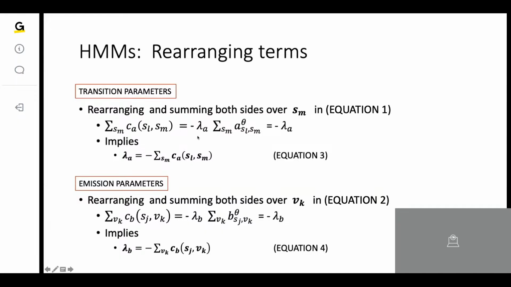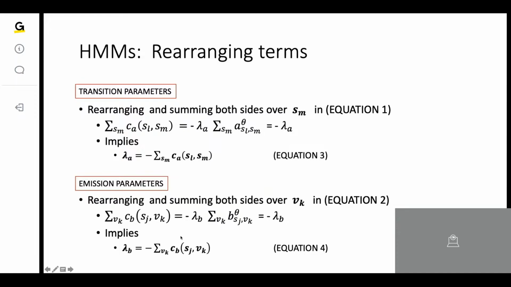Rearranging the terms by moving lambda to the right-hand side and then summing over all possible states, we know this term is 1, which implies that lambda equals the summation over sm of the counts in this equation. Similarly, rearranging the terms and solving for lambda_B results in this expression.